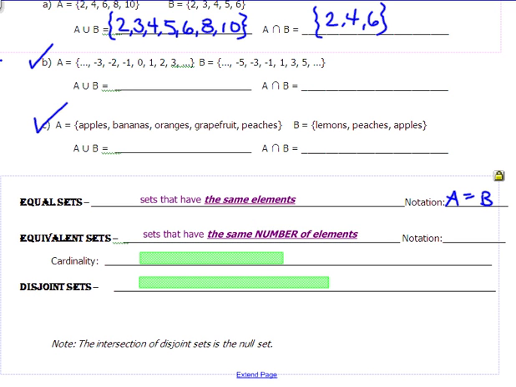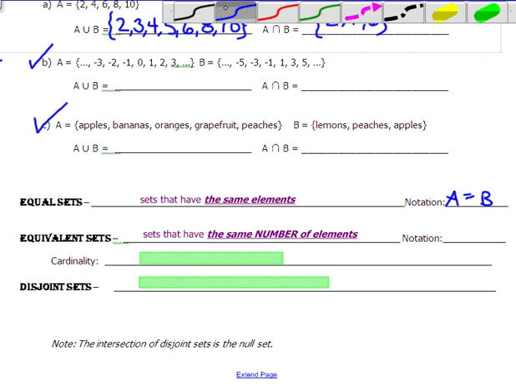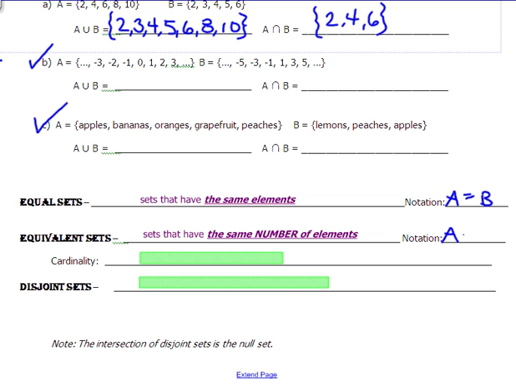And the notation for that is the little tilde. Now, if you remember, we use this little tilde for a lot of things, so you've got to be careful. Again, this is that context conversation. Okay, so A would be equivalent to B. I can have apples, bananas, and cherries, and I can have dolls, toy trucks, and army men. And those are equivalent sets. They have nothing to do with one another, but they each have 3 elements.